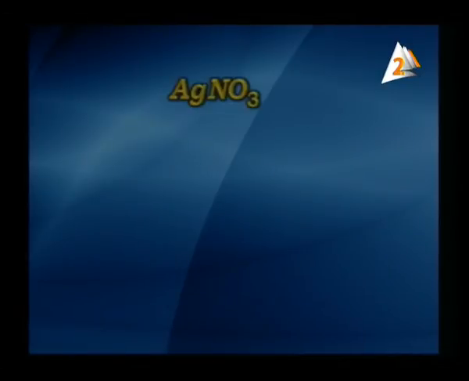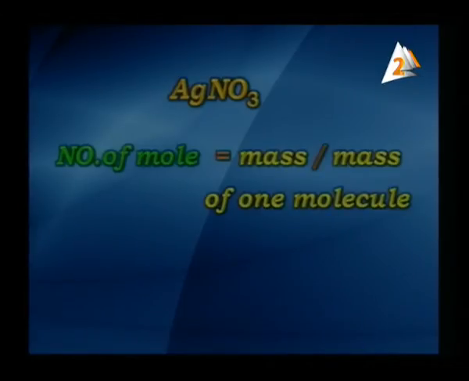For AgNO3, the number of moles equals mass divided by molar mass, 17 divided by 170, the answer is 0.1 mole. So we found the number of moles for each one.